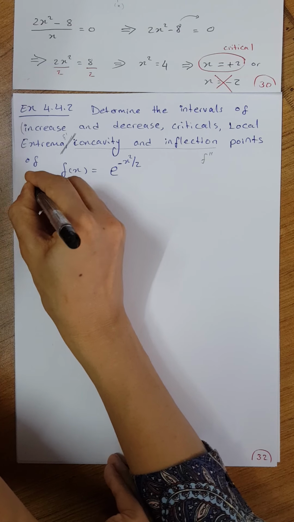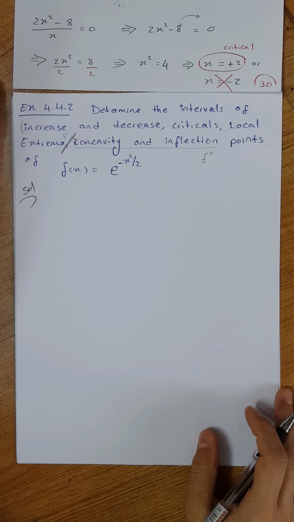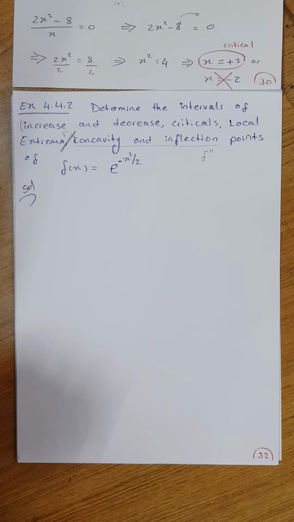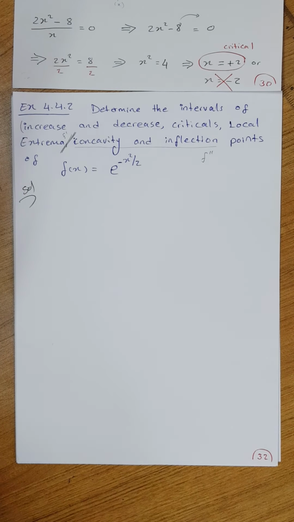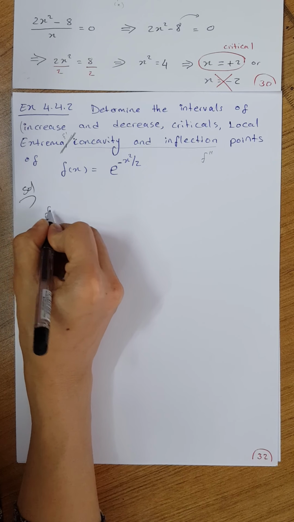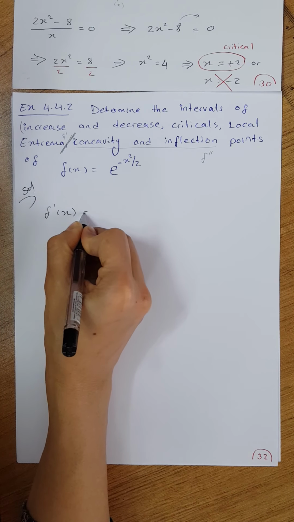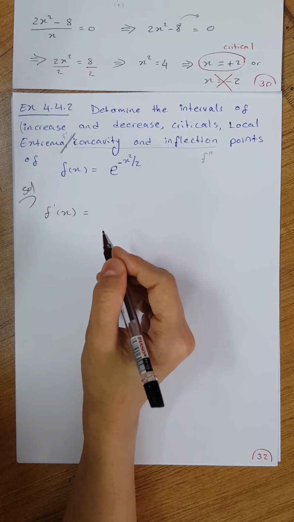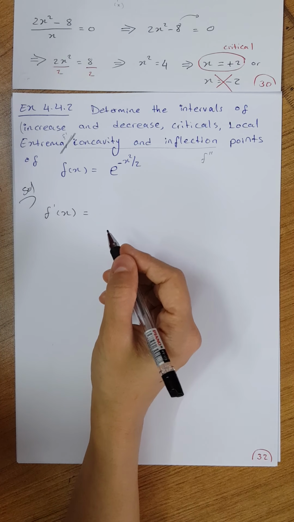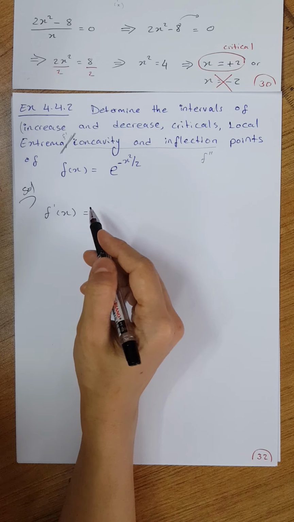Again, the function is given to us in here. It is an exponential function. So to find those intervals of increase and decrease, we first have to find the first derivative of the function. So f prime of x is equal to what, if you take the derivative of this one? In the previous section, we studied the differentiation of exponential functions, so it would be easy for us to find the derivative of this one.